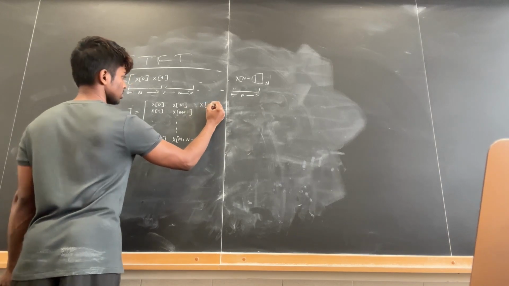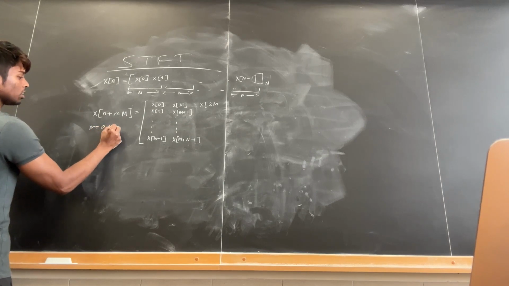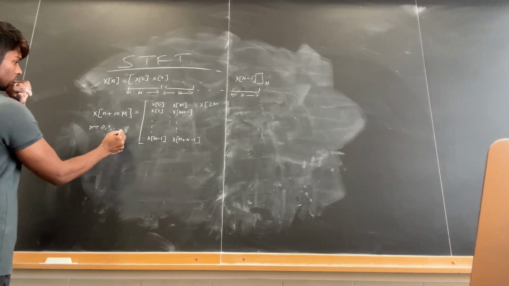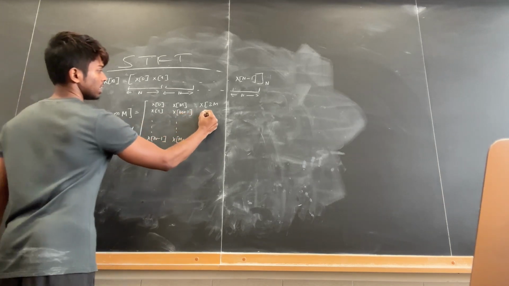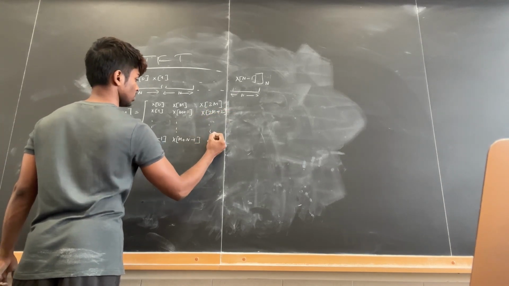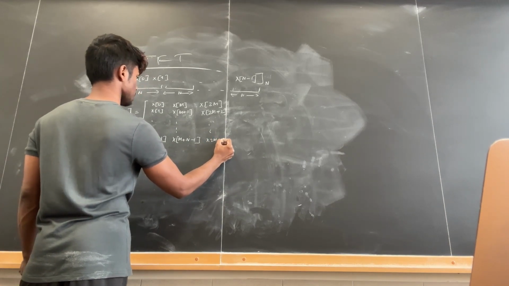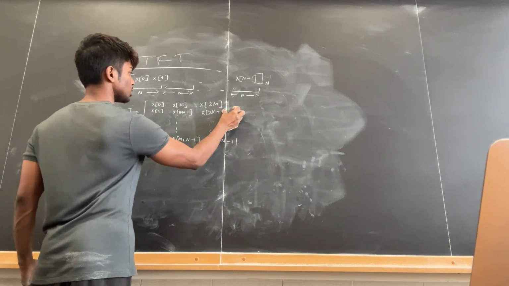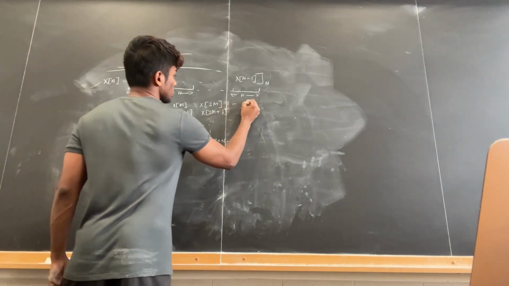So x2n, because m varies from 0, 1 until n minus 1. So we have x2n, x2n plus 1, up to x2n plus n minus 1, and it goes on.